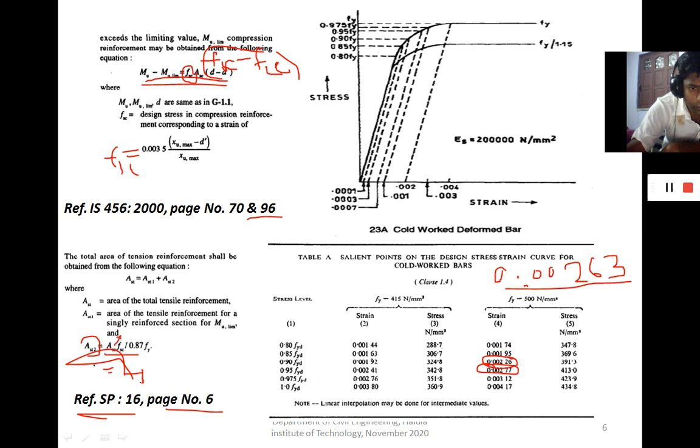The actual expression is ASC into FSC minus FCC, divided by 0.87 Fy. So you do this rectification because mistakes are made, so the FCC has to be subtracted.